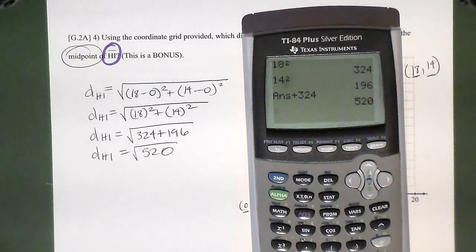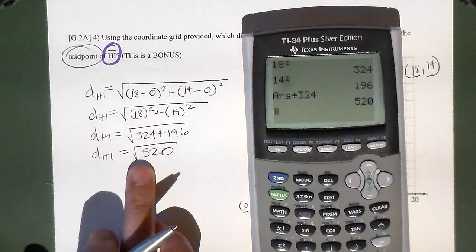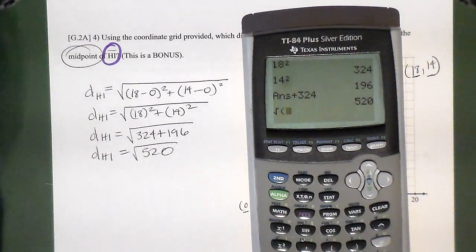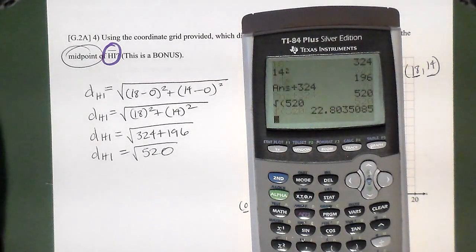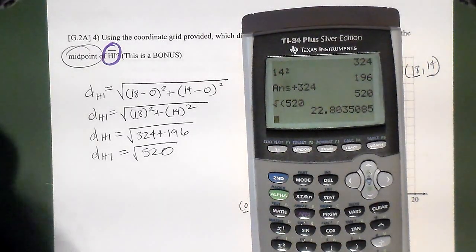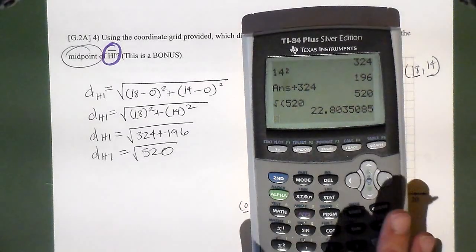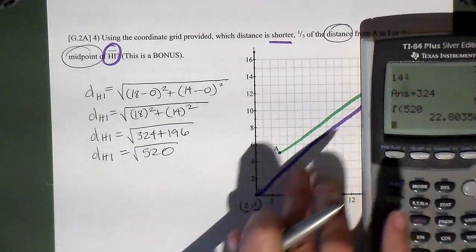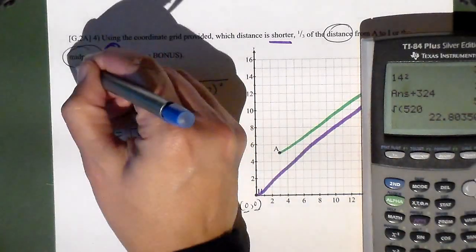Now, some of you forgot to square root it. You put 520. The length is not 520. It's the square root of 520. So I'm going to do second square root of 520, and I get 22.8, right? But 22.8 is the distance all the way across. I don't want the whole distance. What do I want?